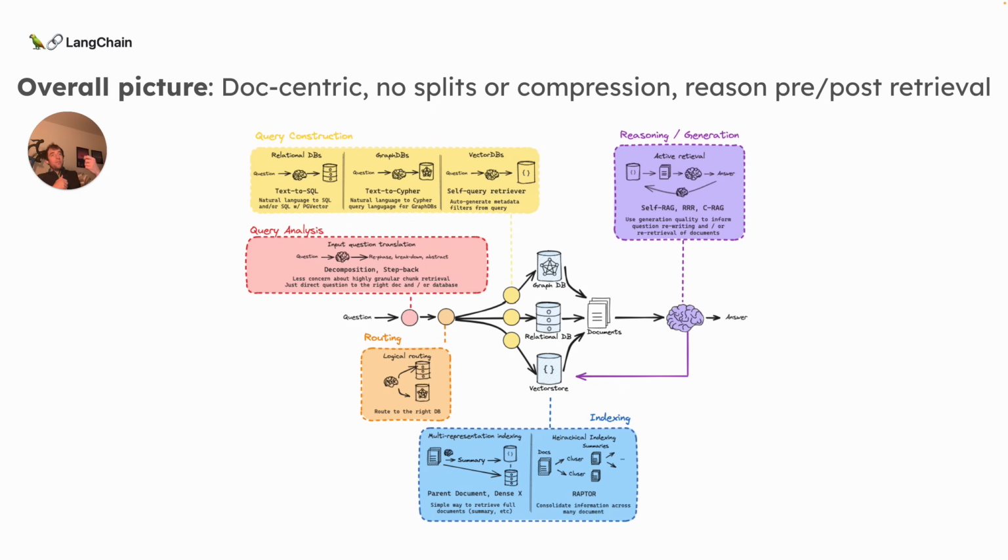Working with full documents is probably more Pareto optimal, so to speak. There are some clever tricks for indexing of documents, like the multi-representation indexing we talked about, and the hierarchical indexing using RAPTOR that we talked about as well. These are two interesting ideas for document-centric indexing. And then there's reasoning and generation post-retrieval: on retrieval itself to grade, and on the generations themselves, checking for hallucinations.